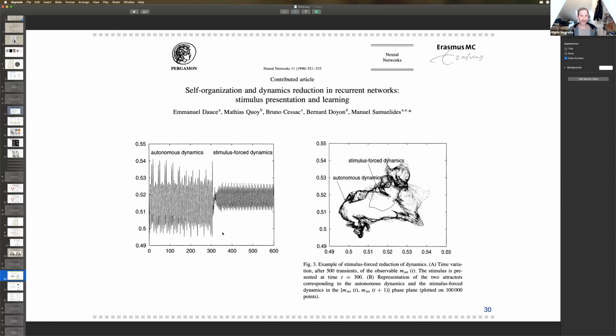The left plot here is the time series for 600 time steps for this random network. You see that it has some sort of oscillatory ability, and we're looking only at the autonomous dynamics for the moment.